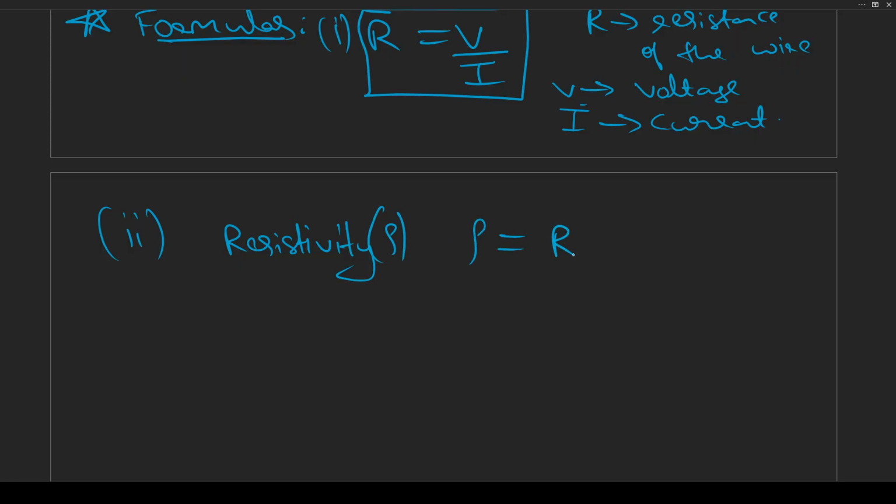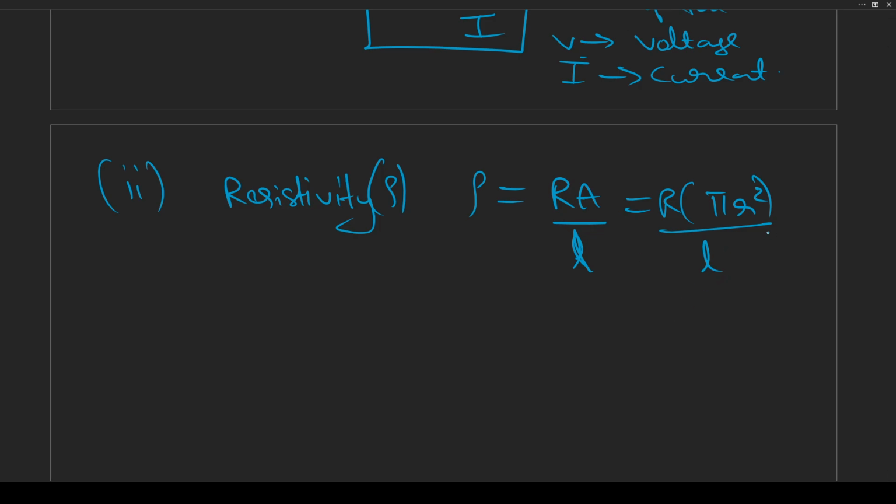Rho equals RA by L, which can also be written as R pi r square by L, where L, capital L or small l, is the length of the wire, and r is the radius of the wire. R is the resistance of the wire.